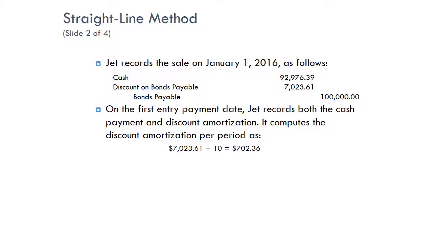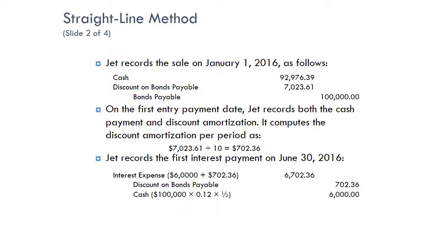We divide the total discount right up front by 10, and each interest payment date we will credit the discount on bonds payable, $702.36. So we don't use effective interest method. We just say how much discount on bonds payable was there overall, and spread that out evenly over the 10 interest periods.